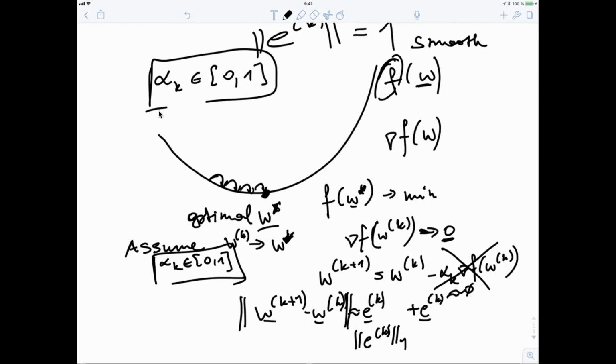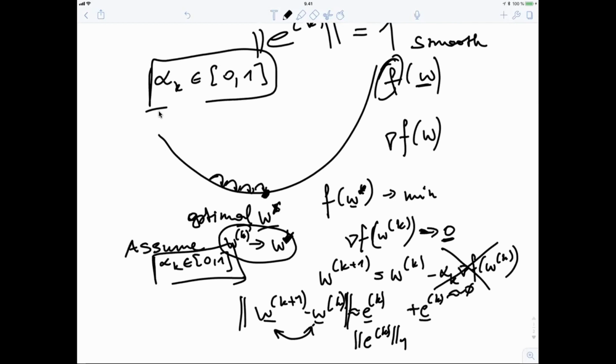So this means it cannot converge, because the norm of the difference between consecutive elements of a sequence that converges, and in particular would converge to the optimum, must be 0.